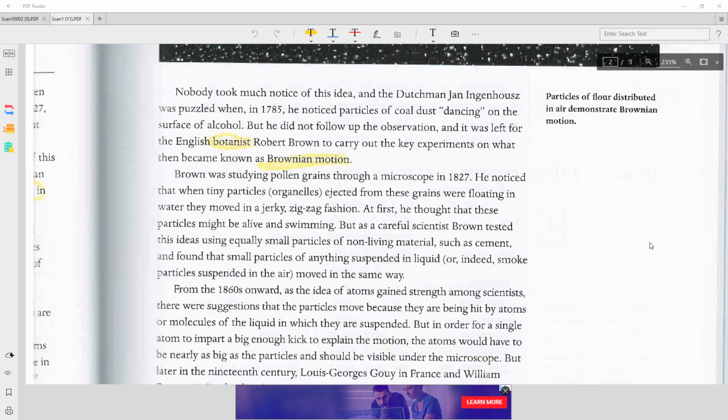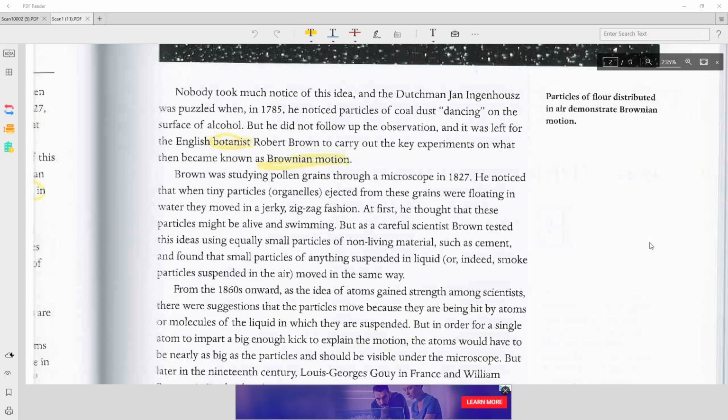But as a careful scientist, Brown tested these ideas using equally small particles from non-living material such as cement, and found that small particles of anything suspended in liquid, or indeed smoke particles suspended in the air, moved in the same way.